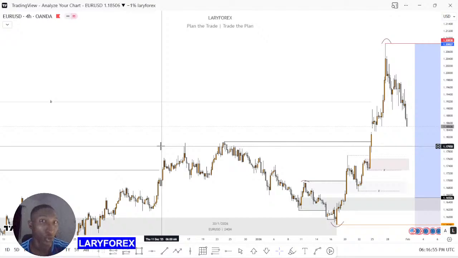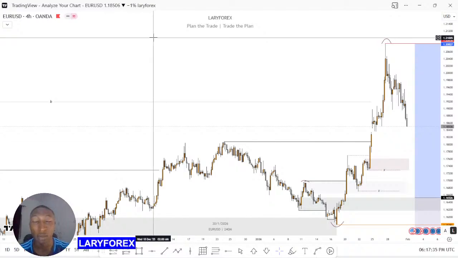The downtrend is when the market is moving to the downside. In other words, the uptrend is called a bullish market and the downtrend is called a bearish market.